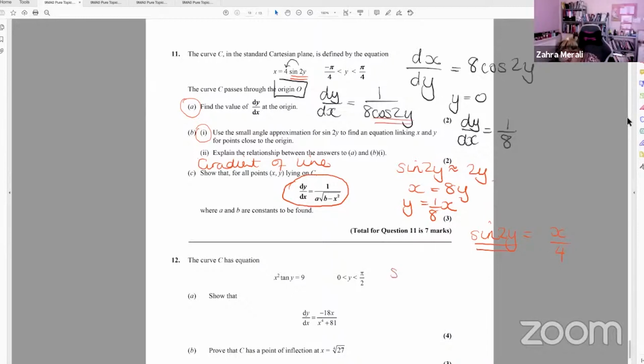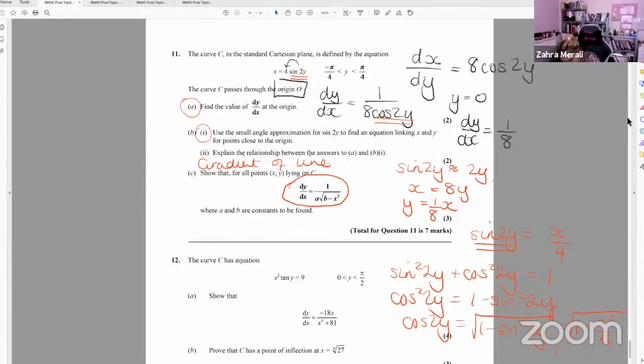Well, I know that sine squared plus cos squared equals 1, so cos squared must be 1 minus sine squared. So cos 2y must be the square root of 1 minus sine squared 2y, which is the square root of 1 minus x squared over 16, right?